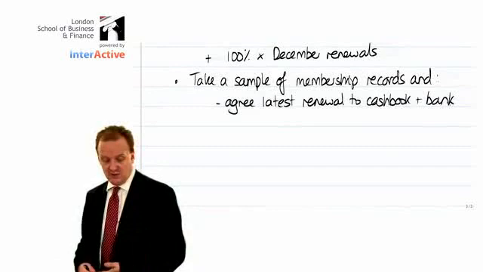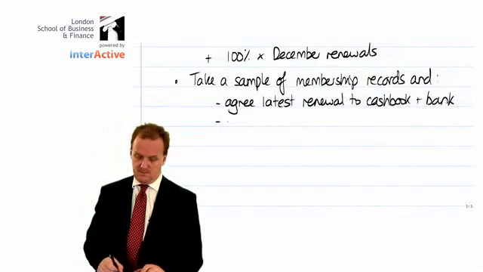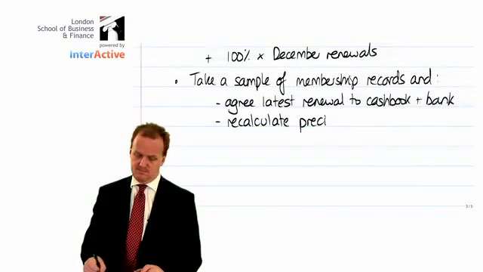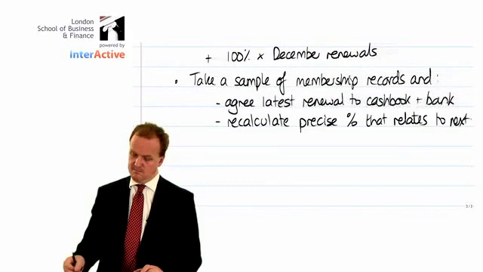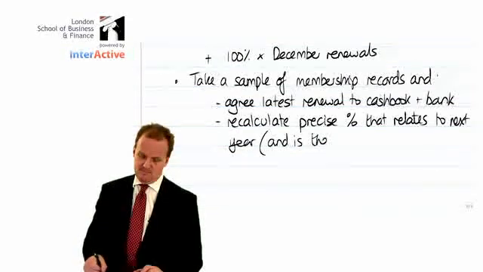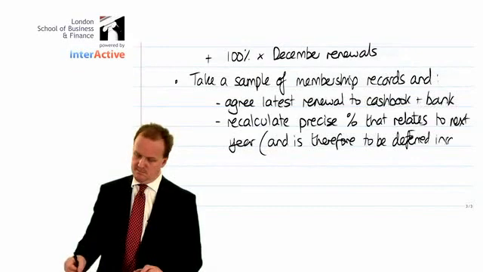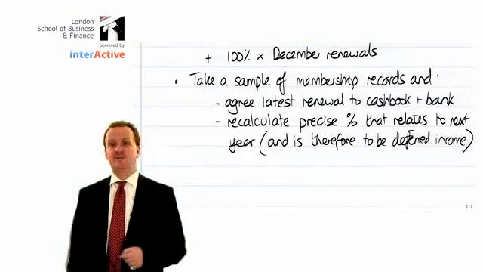So take a sample of membership records, make sure that the member is up to date, and then so we could do it on a sample basis and check a few members out.